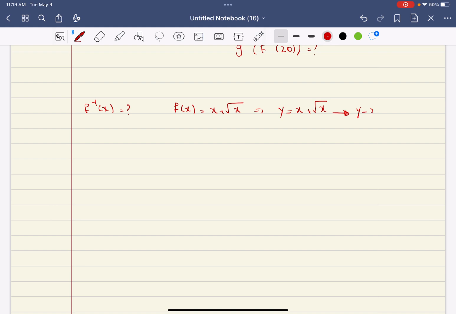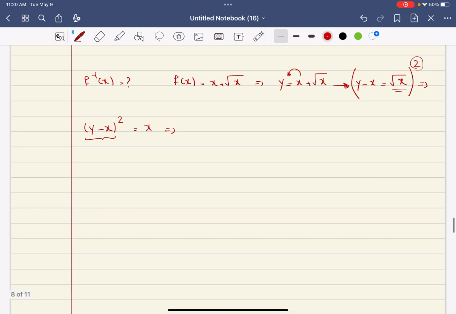I'm going to write y minus x equals root x. This went to the left hand side. I'm going to apply power 2 to both hand sides. So it's going to be y minus x to the power of 2 equals root x to the power of 2, would be just an x.